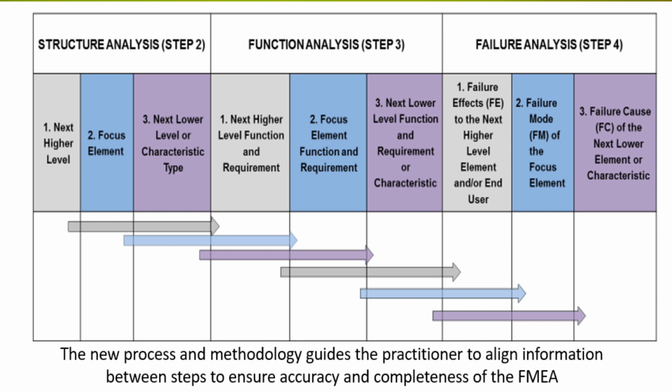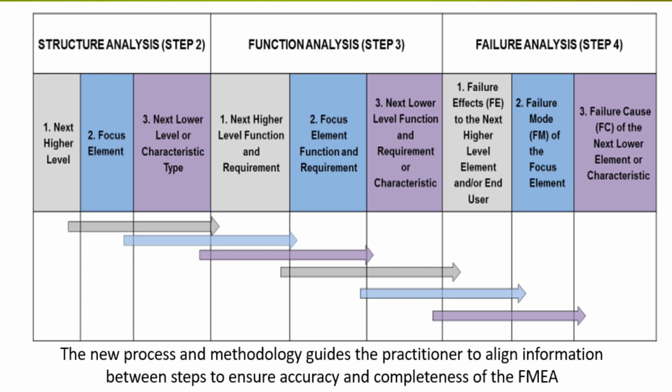If you see the next slide, you will find how clearly this new version has specified the linkage between structure analysis, function analysis and failure analysis. As I told you earlier, there are 3 parts for structure analysis, and there are 3 different colors specified: gray, blue and purple.